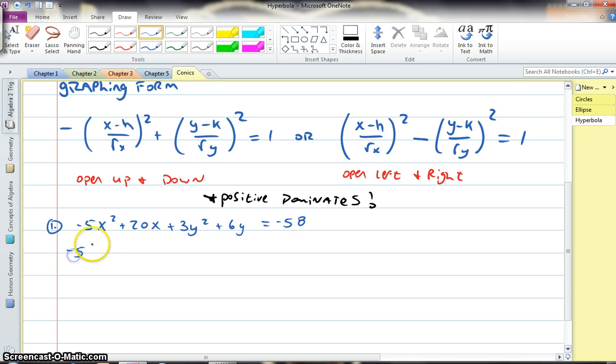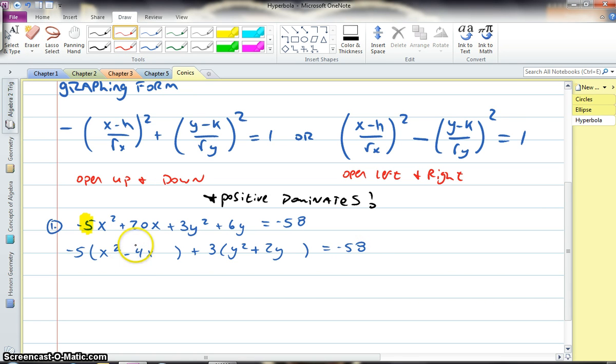So I'm going to take out a negative 5. Remember, you always have to take out whatever number's in front because you want your x squared alone. So I get x squared minus 4x, because 20 divided by negative 5 is minus 4x. Plus, I'm going to take out a 3 here and get y squared plus 2y. Leave my blank.